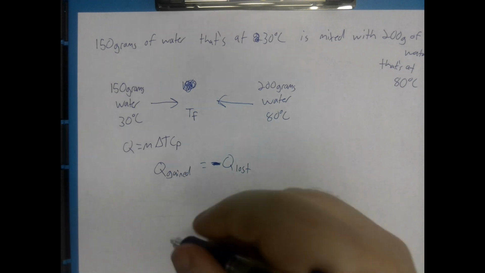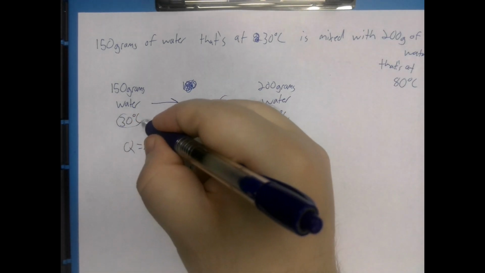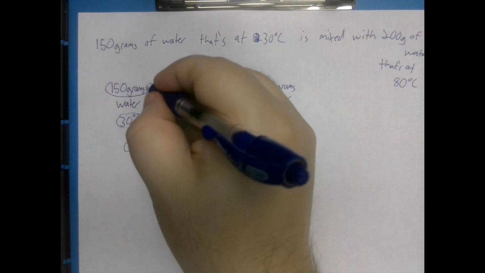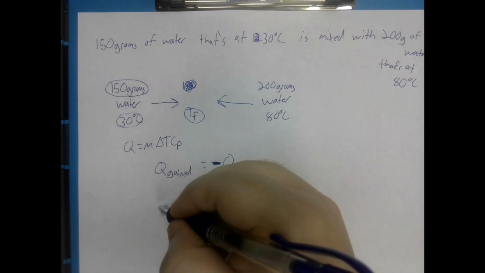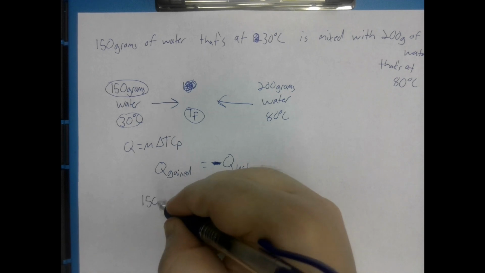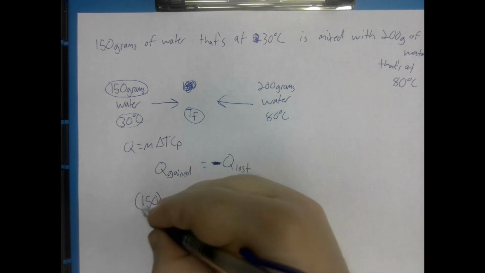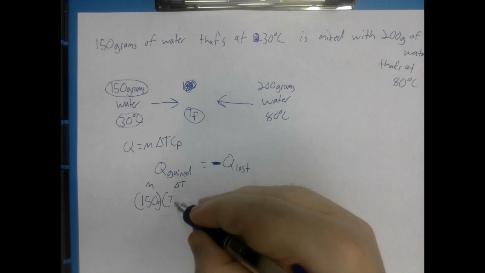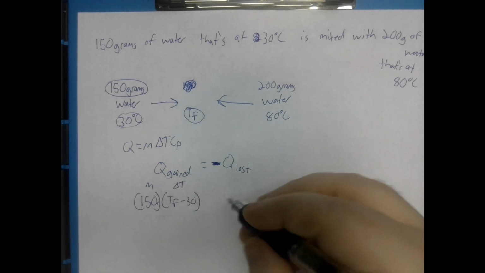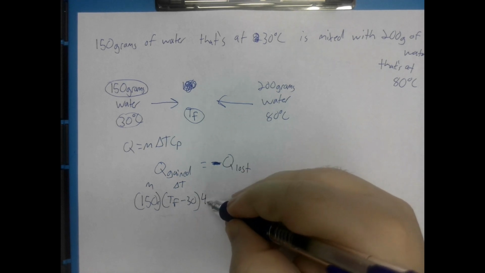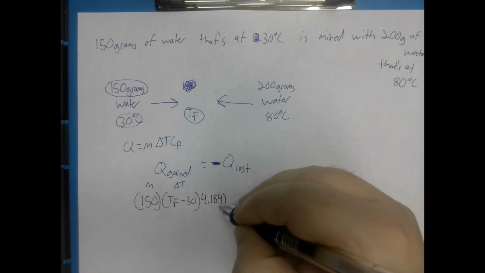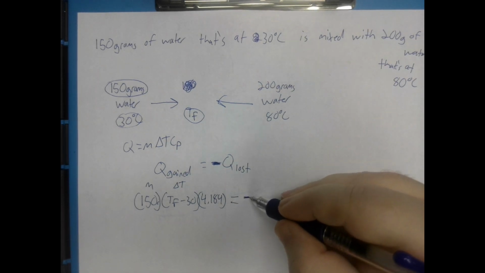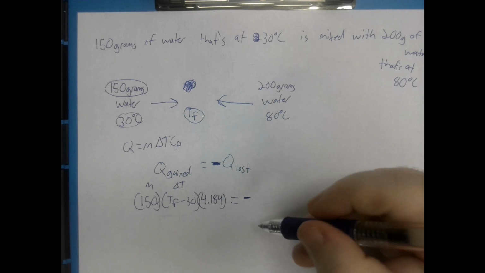So here we're going from 30 to final temperature, and we have a mass of 150 grams. So our mass is 150, and change in temperature would be final minus initial, and our CP for water is 4.184. We add our negative here, and we do the same thing on this side.